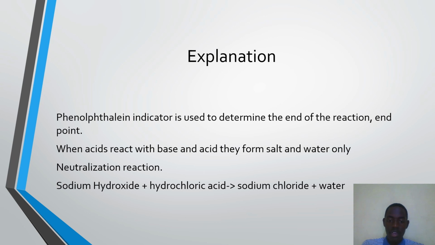From the indicators, we have litmus, phenolphthalein, and methyl orange. Litmus paper turns red in acid and blue in a base, while phenolphthalein is colorless in acid and pink in bases, and methyl orange is pink in acid and yellow in bases.